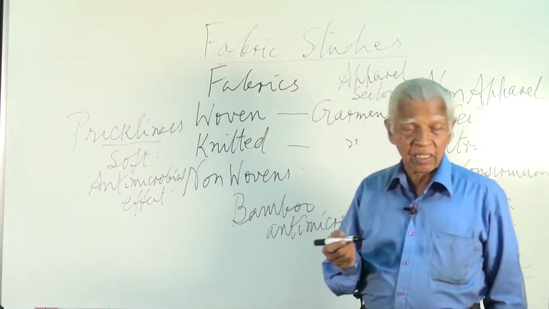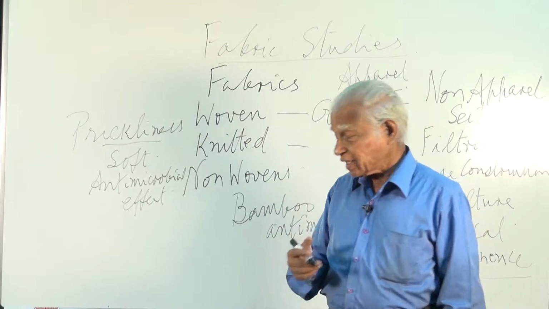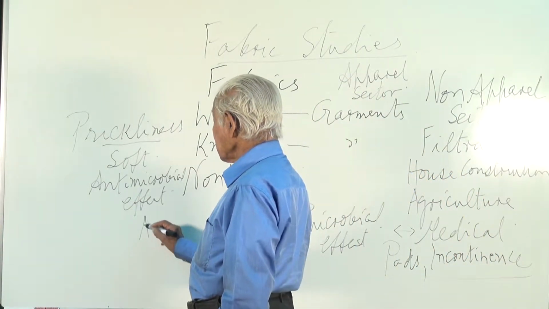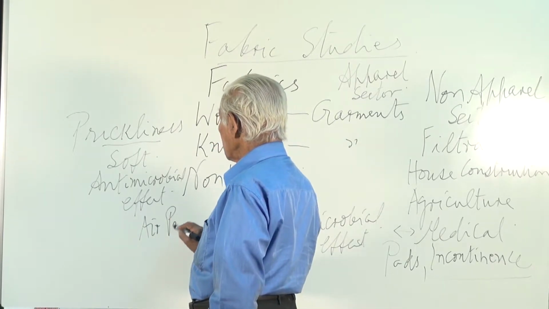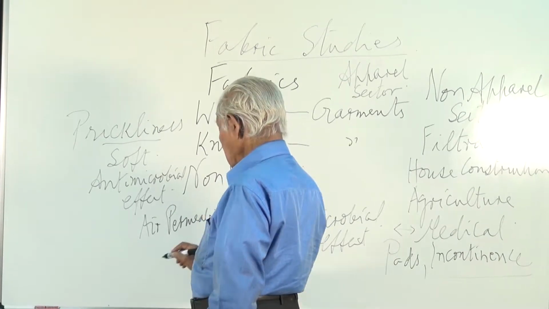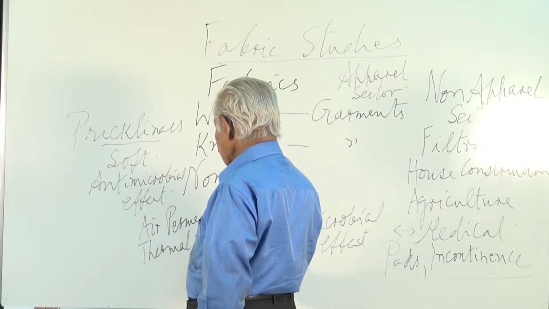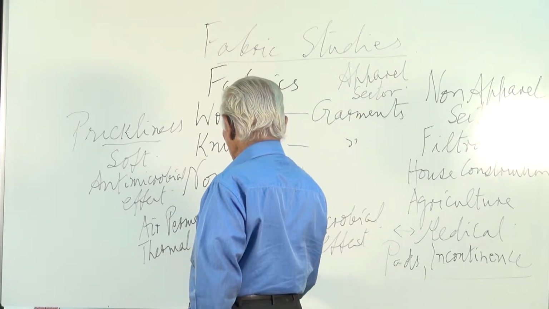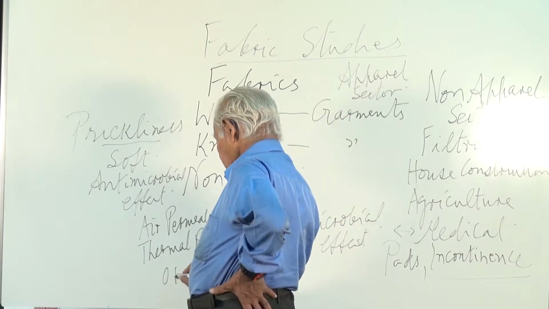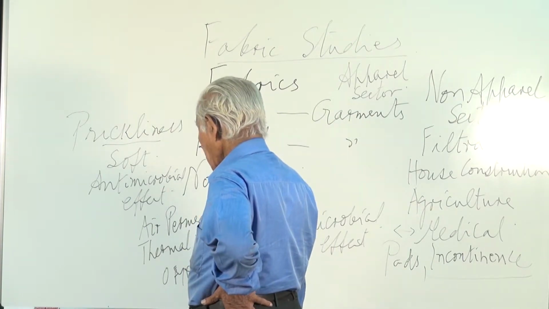The properties which are measured in order to find out their suitability for medical applications, or comfort characteristics, are air permeability, then thermal resistance, and also OMMC, overall moisture management capability.